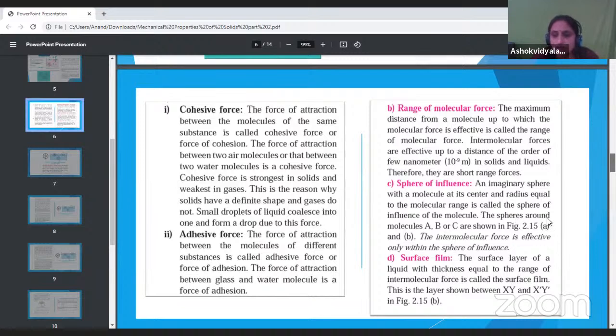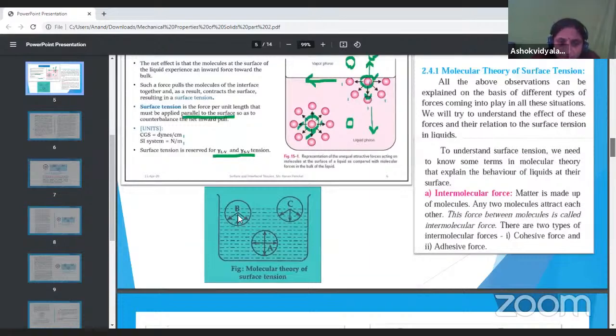Therefore, for the spheres around molecules A, B, C as shown in the figure, the intermolecular force is effective only within the sphere of influence. Here A, B, C are three molecules, and the imaginary sphere drawn on them is called the sphere of influence. The intermolecular force of attraction, the shortest distance between these two molecules, is called the range of molecular force.